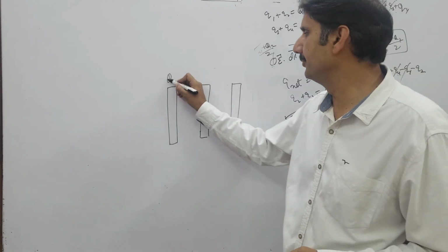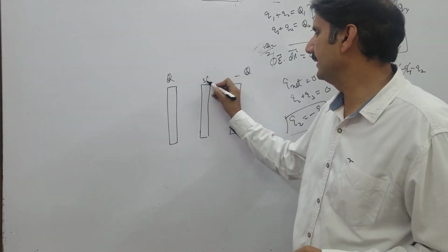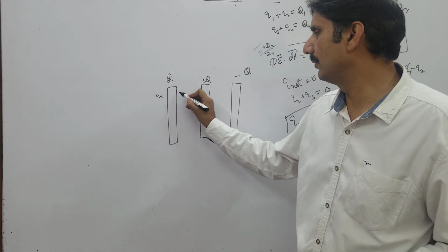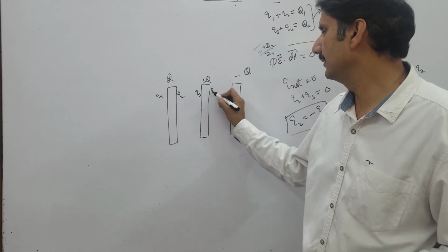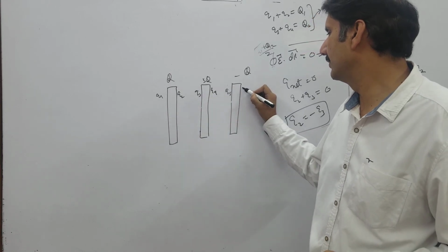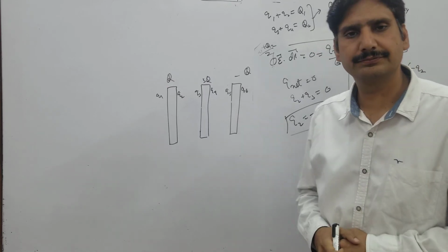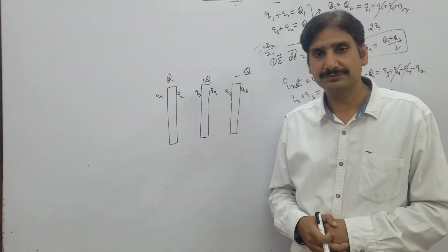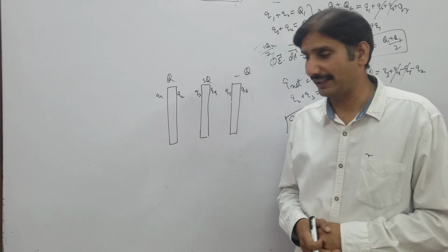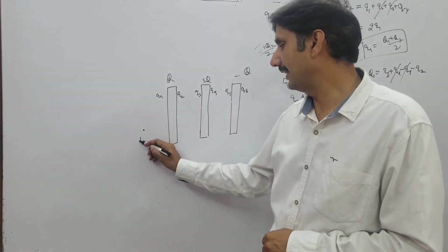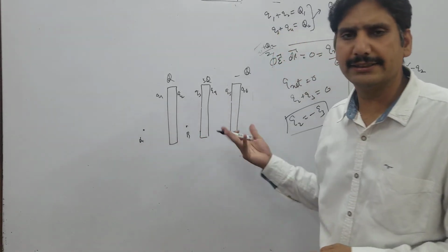So I am taking it Q, minus Q, 3Q. Find out charges Q1, Q2, Q3, Q4, Q5, Q6. And it would be interesting to find out electric field as well at points A, B, and let's say 2 are enough.